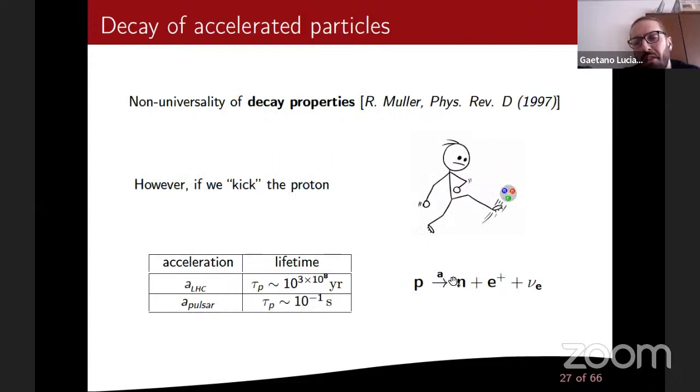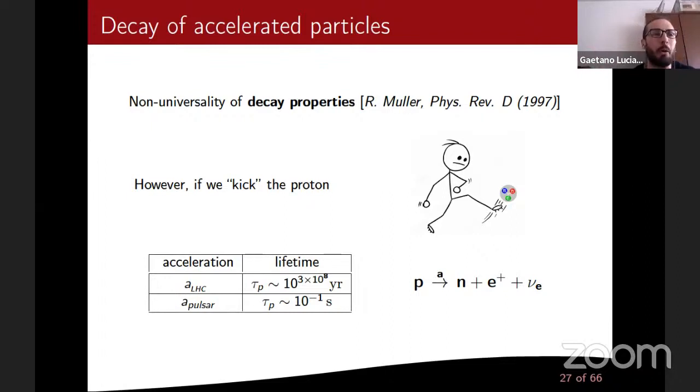You can also consider a photon, but this is again the simplest process you can obtain. For the conservation of baryon number and energy, this is enough. So this is the simplest process. Maybe you can make this process more complicated.